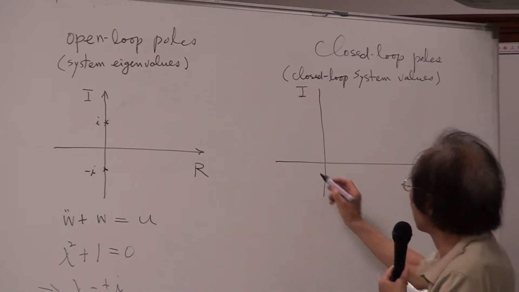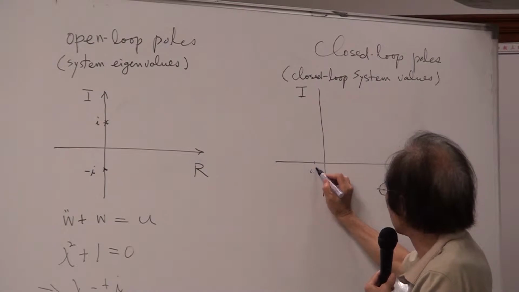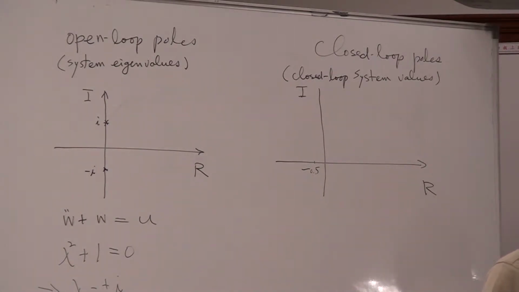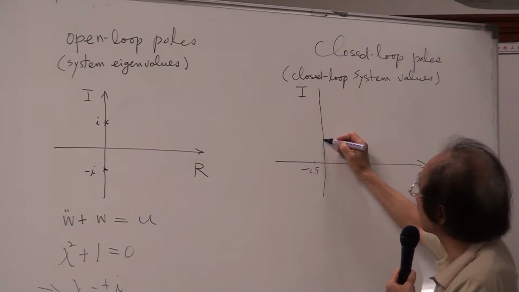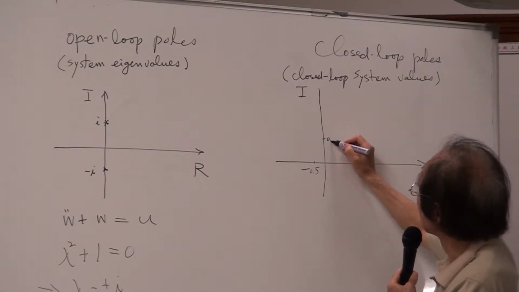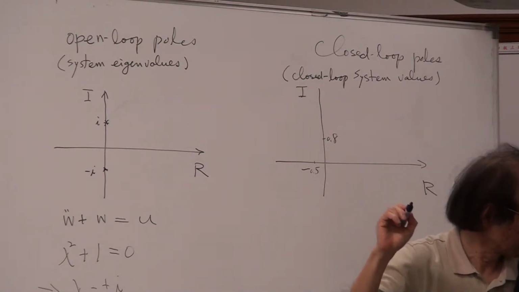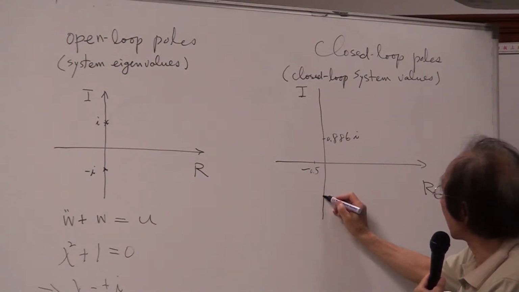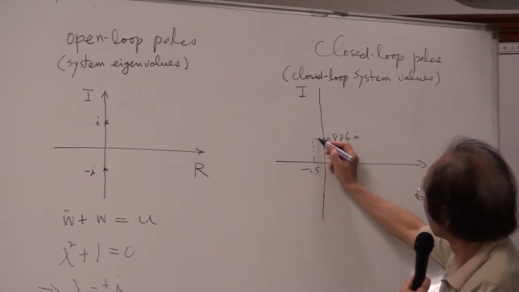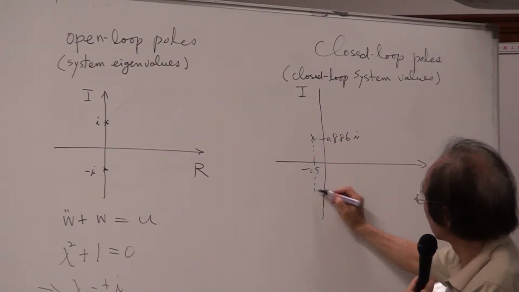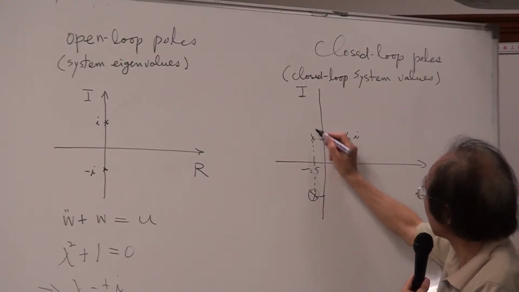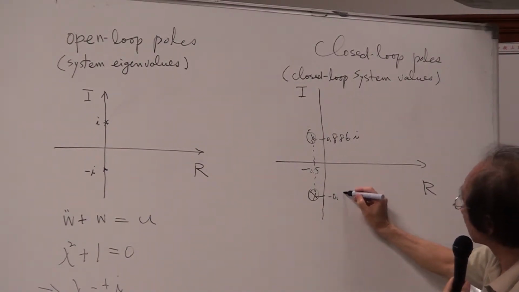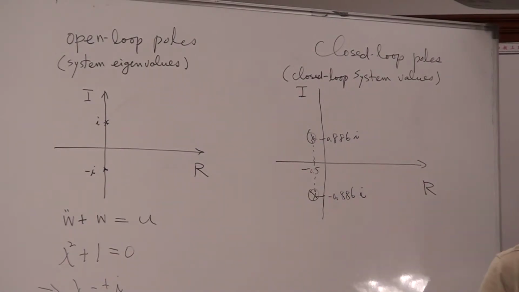That's minus 0.5, so I have minus 0.5 here, and then I have 0.866i, so this is 0.866i, and this is my closed loop pole, and this is also my closed loop pole, minus 0.866i. Alright?